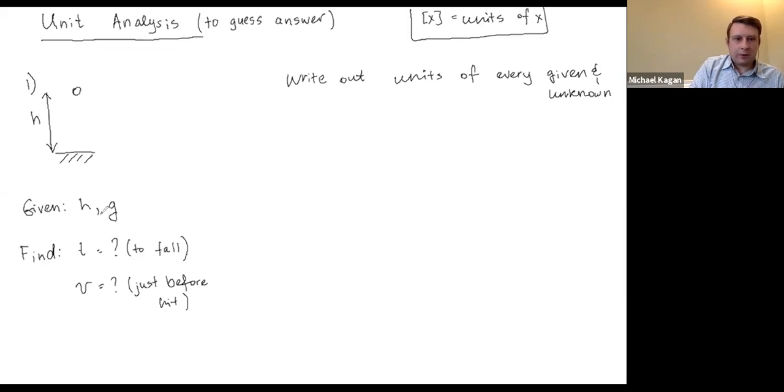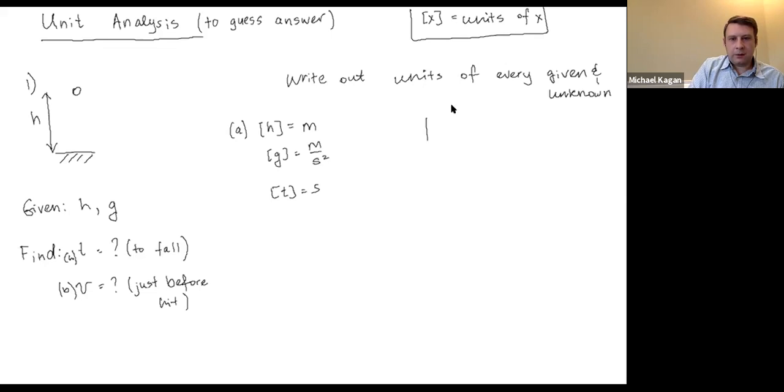Okay, so we have h, g, and t in the first part of the problem, and h, g, and v in the second part. So in the first part, we'll write out all the units. Units of h are meters. Units of g are meters per second squared. Units of t are seconds.